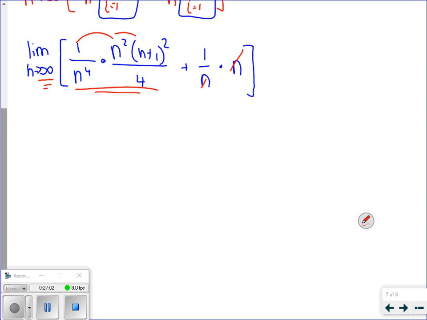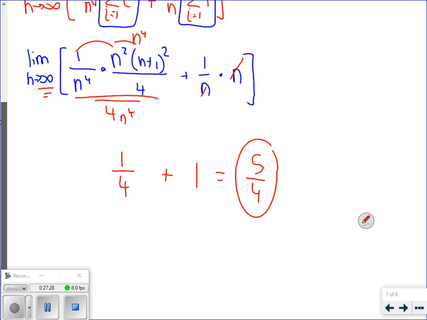So on the top, we're just going to have literally n to the fourth. If you multiply everything out, the leading coefficient is going to be n to the fourth. On bottom, the leading coefficient is 4n to the fourth. And because they're the same powers, if we take the leading coefficients, that's just going to be 1 over 4 plus 1, which equals 5/4.